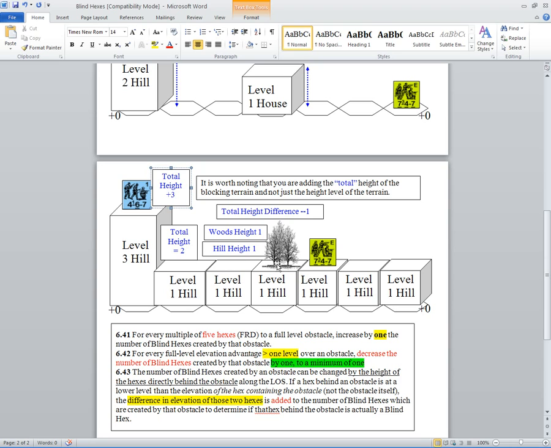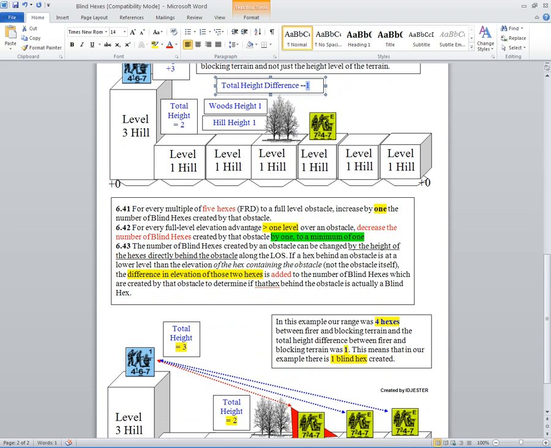So our total difference here is a level 1 hill. Our woods height is a level 1. Our firing unit is at level 3. Our total height is level 2. The difference between these two, total height of 3, total height of 2, our total difference is 1.